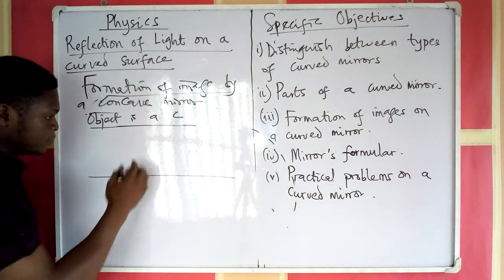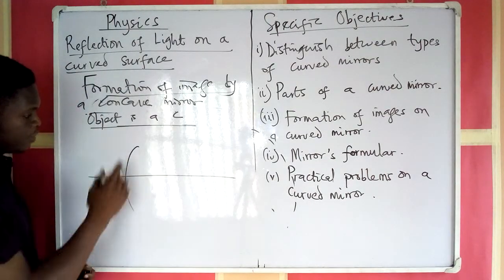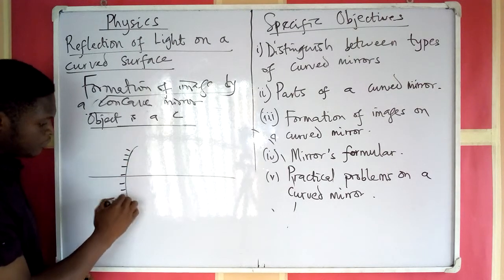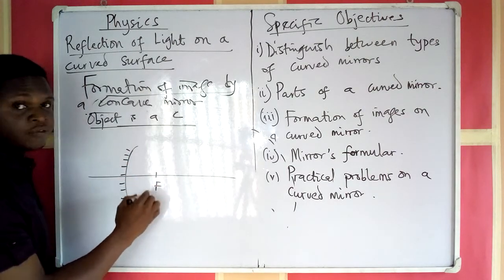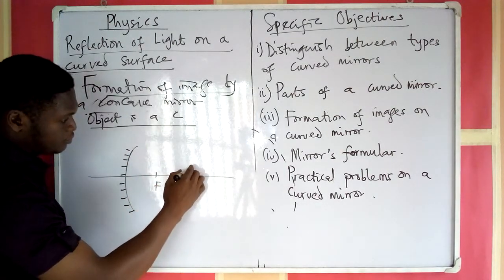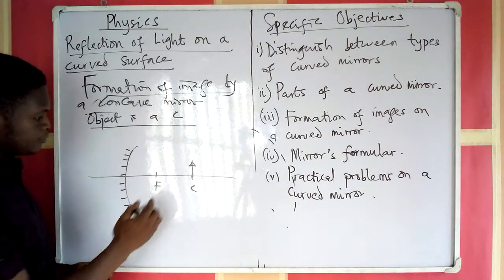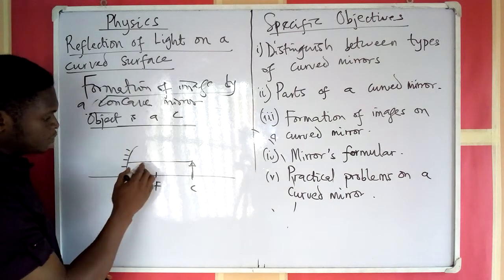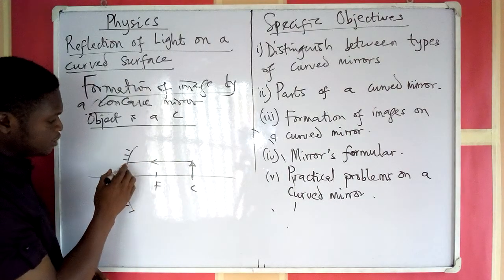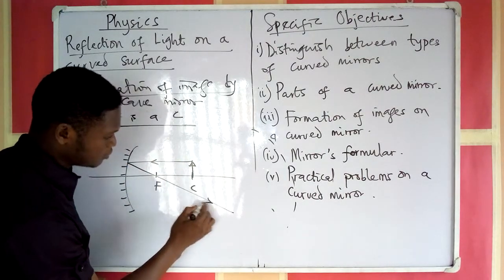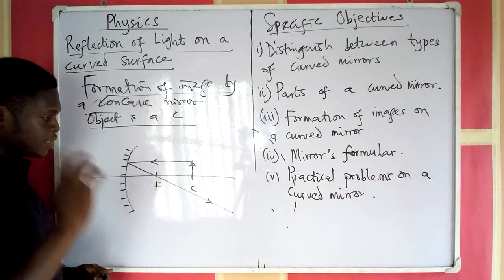Alright, so we have our principal axis as this. We have our mirror, a concave mirror. We have our F. We have our C. Then I have my object here at C. So I'm going to have the ray that travels parallel, and the next thing is that it will pass through the principal axis. That's ray 1.